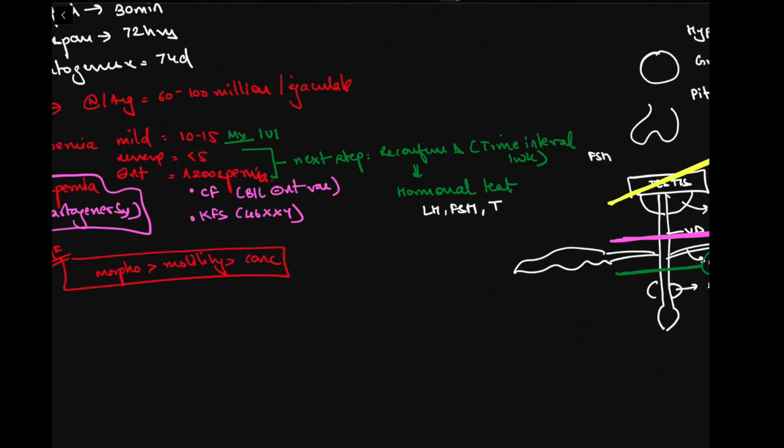So, the treatment of oligospermia, right? We know that if the count is more than 10 million, we will do intrauterine insemination.